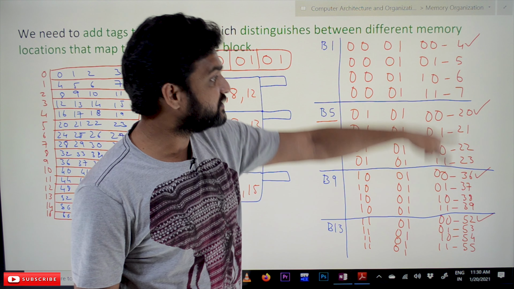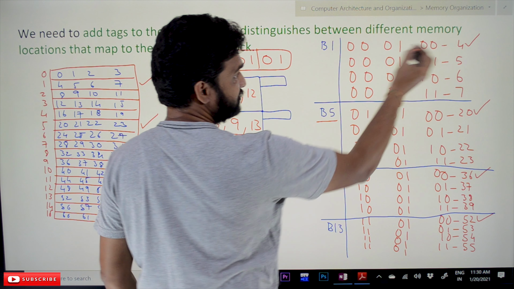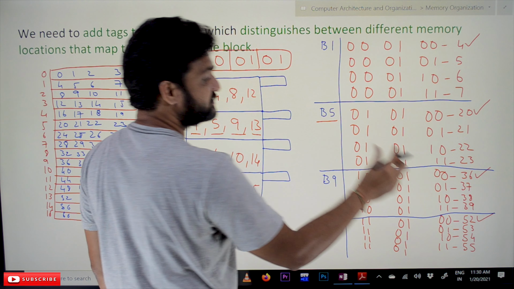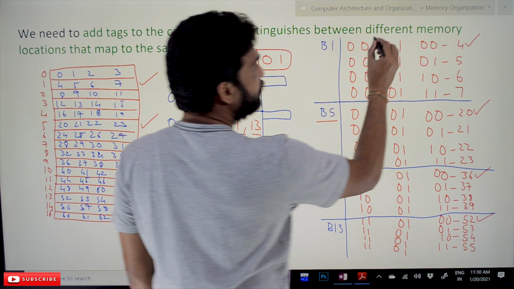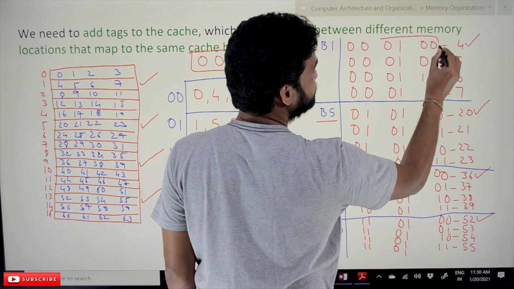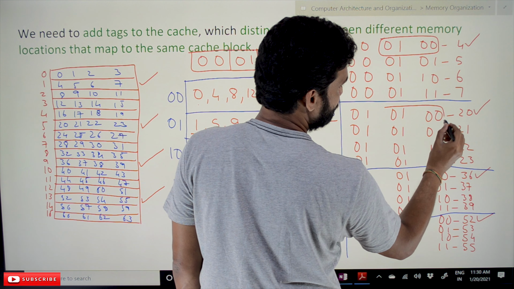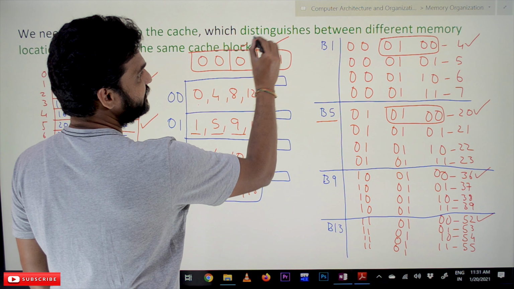So these are the addresses. Word 4, this is the binary representation of the 4th address. This is the binary representation of the 20th word address, and the binary representations of 36 and 52. If you observe these bits of the words, see here, these bits are representing line offset and line number.